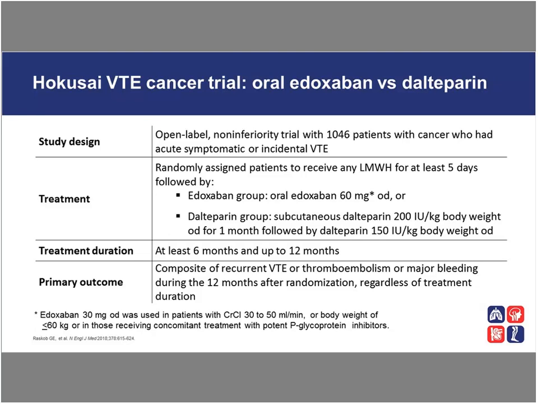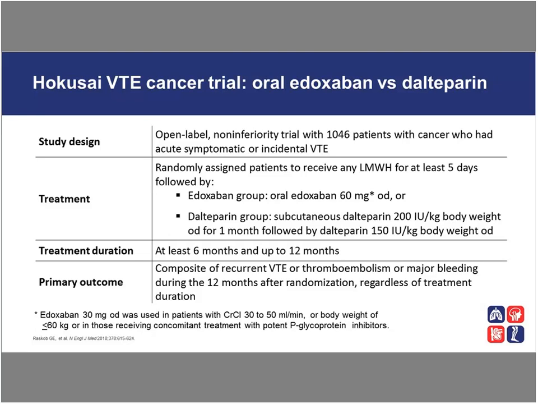The study design is an open-label, non-inferiority trial with 1,046 patients with cancer who had acute symptomatic or incidental VTE. Treatment was as follows. The interventions included random assignment of patients to receive any low molecular weight heparin for at least 5 days, followed by edoxaban at 60 milligrams once a day, or dalteparin at 200 international units per kilo for the first month, followed by dalteparin 150 international units per kilo daily.